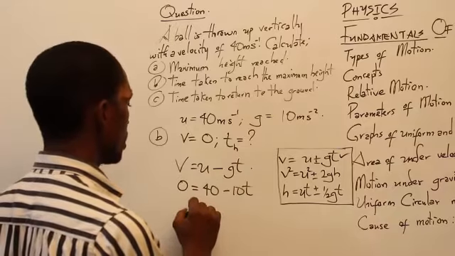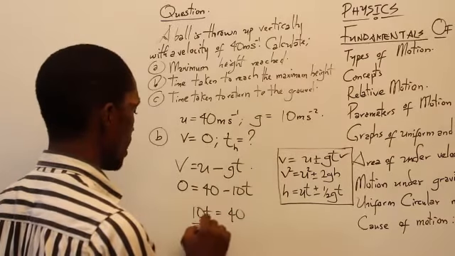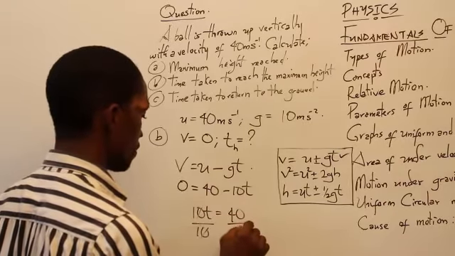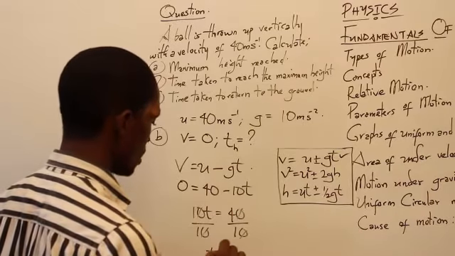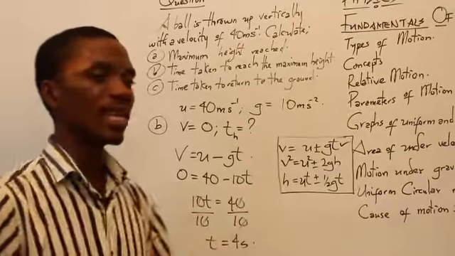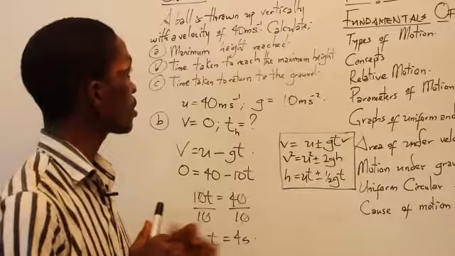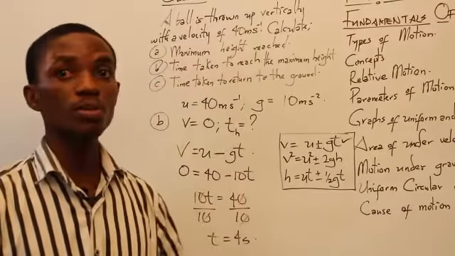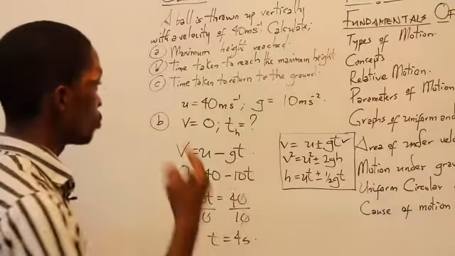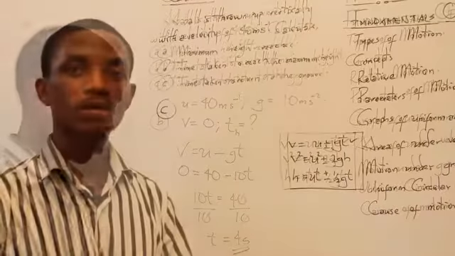Moving it to the other side, that's 10t equals 40. Divide by 10, divide by 10. T equals 4 seconds. So with the velocity with which it was thrown, in 4 seconds the ball should reach the maximum height.